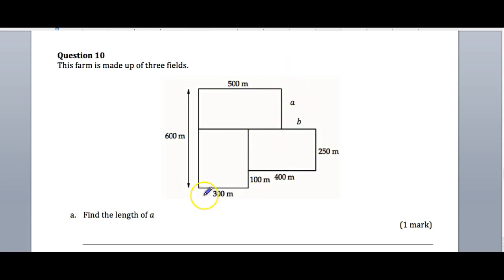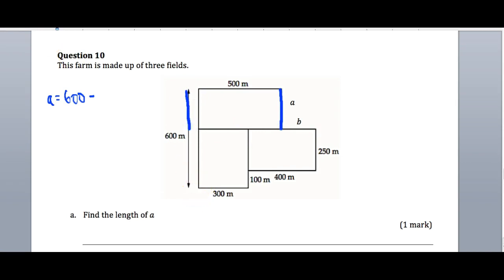So we know that this whole distance is 600. So what we're going to have, oh, where can I do this? I'll do it over here. So A, if we start off with 600, okay, so the whole distance is 600, and then we take away what we don't want. So the only part we want is this part of 600.